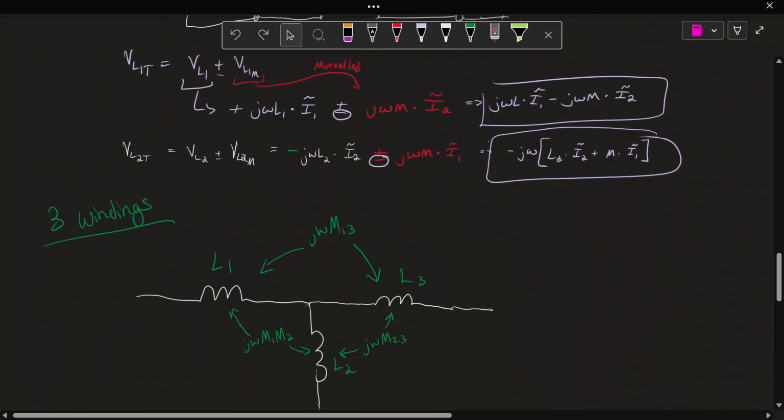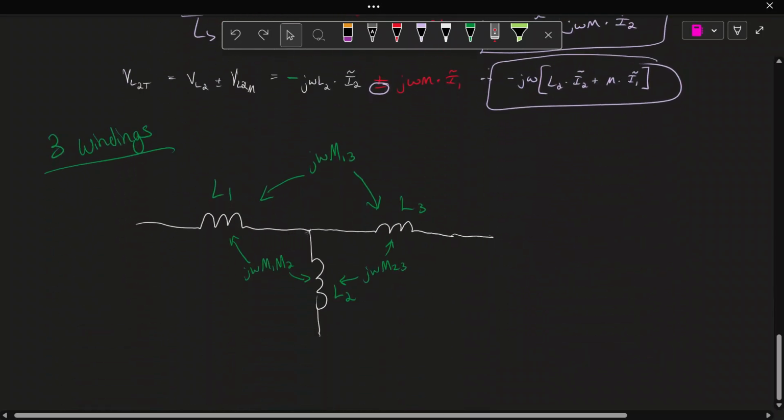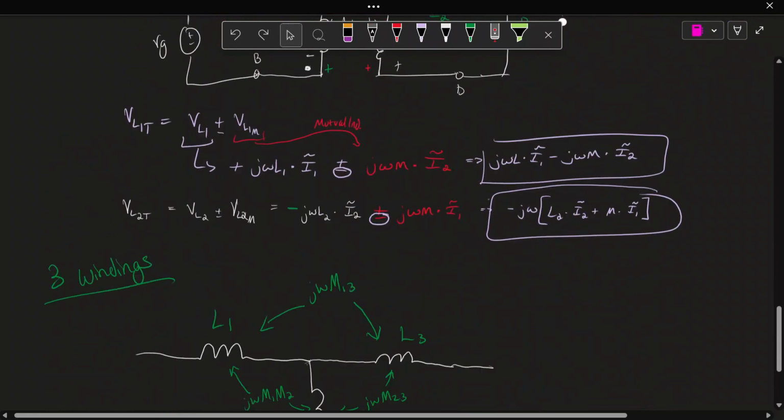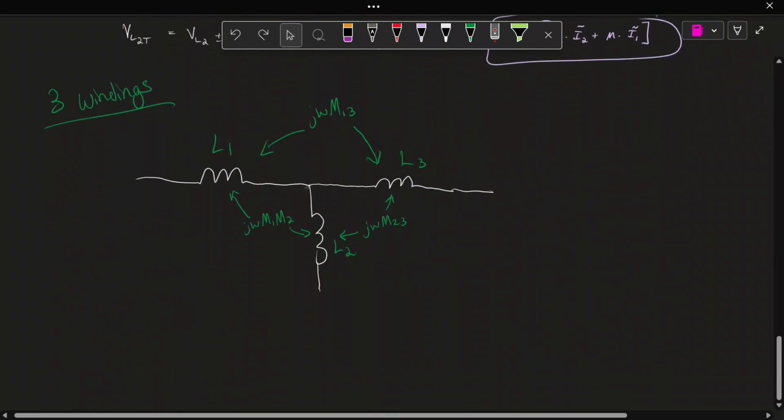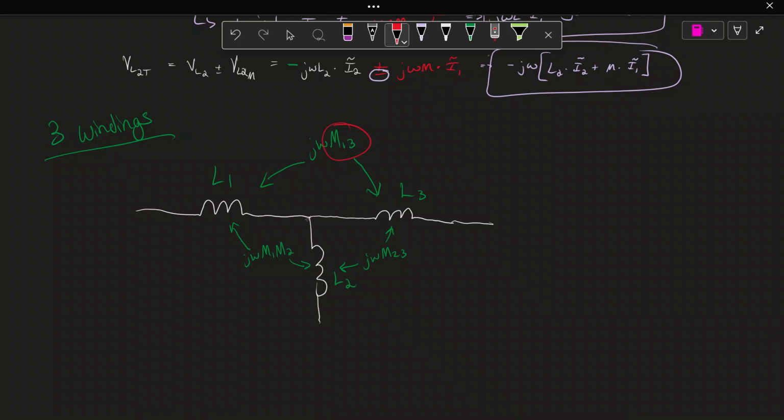So now, what if we have more than just two windings? What if you have three windings? What if you have four or five? It's going to be the same process, except now you have specific mutual inductances affecting one inductor from the other.